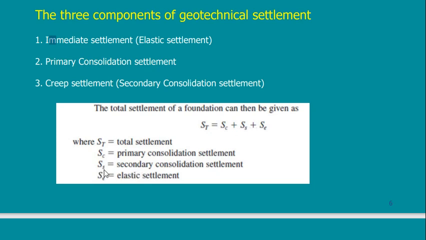Here is SS, the secondary consolidation settlement, and SE is the elastic settlement. Here it may be called creep also, but because we use C for consolidation, we cannot use it again for creep, so we use SS, meaning the secondary consolidation, which is the creep.